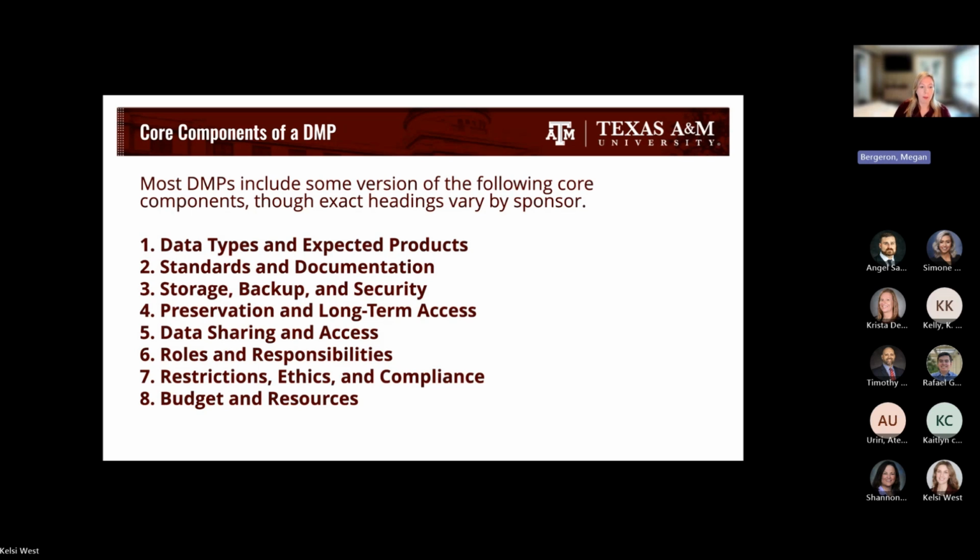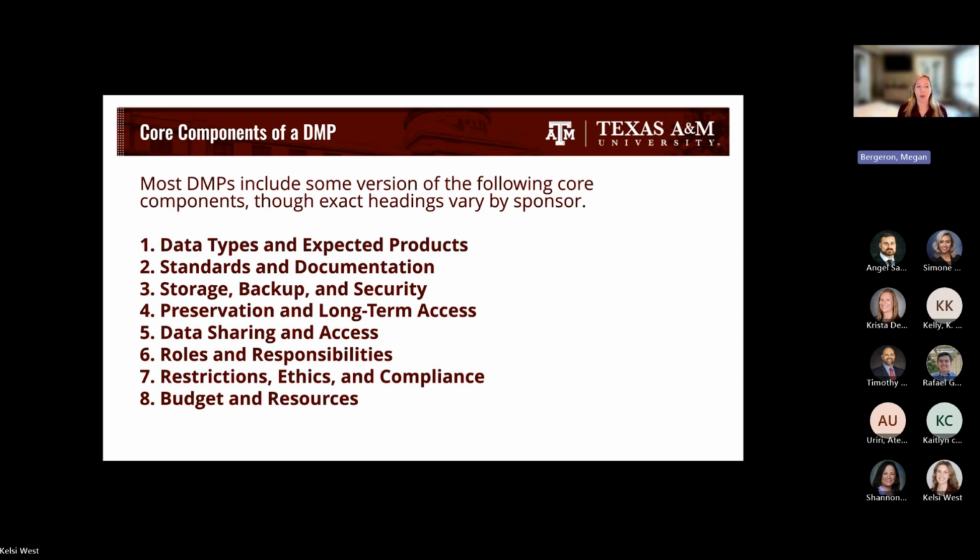Most data management plans include some version of the following core components, though the exact headings may vary by sponsor. So be sure to pay close attention to your sponsor guidelines. But these can give you some ideas of what you can expect in a data management plan. So you'll have to talk about the data types and the expected products.